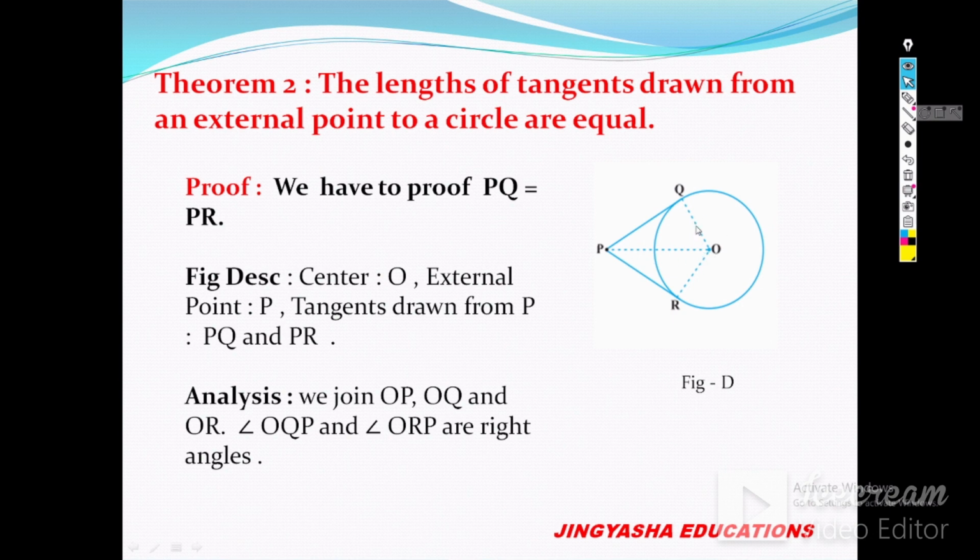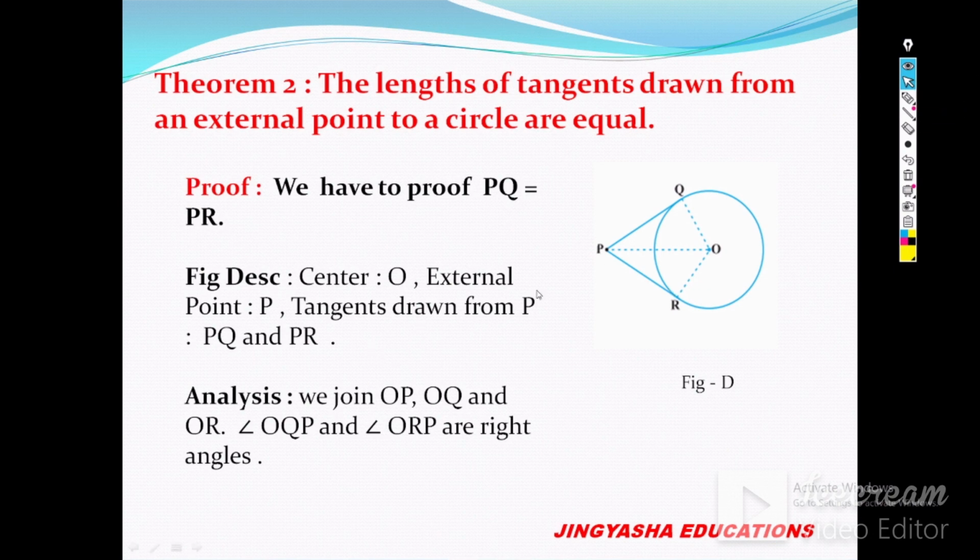common side, and you have learned in theorem 1 that OQ is perpendicular to PQ, because OQ is the radius and Q is the point of contact, and we have proved that, right? In the same way, angle ORP is also 90 degrees. So can we say that OQP and ORP are congruent?